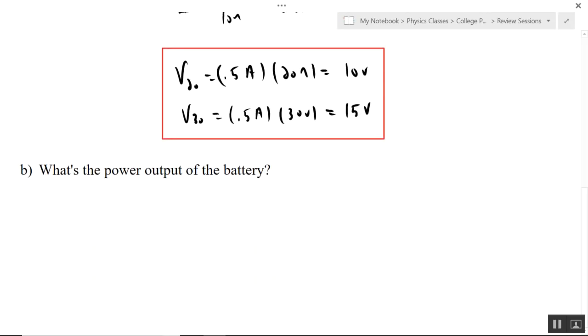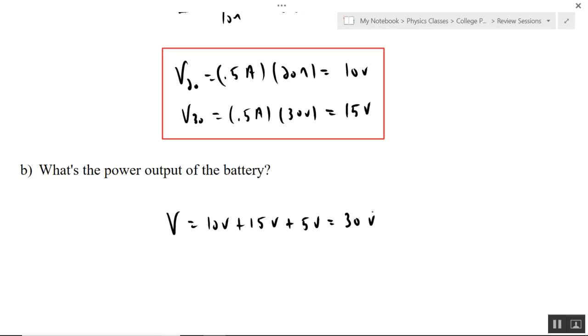Right. So the voltage of the battery would be 10 volts plus 15 volts plus 5 volts, which would be 30 volts, right? And then you would find the current coming out of the battery by finding the equivalent resistance and dividing the voltage of the battery by the equivalent. Or you can just find the current through one of the resistors like we already did.